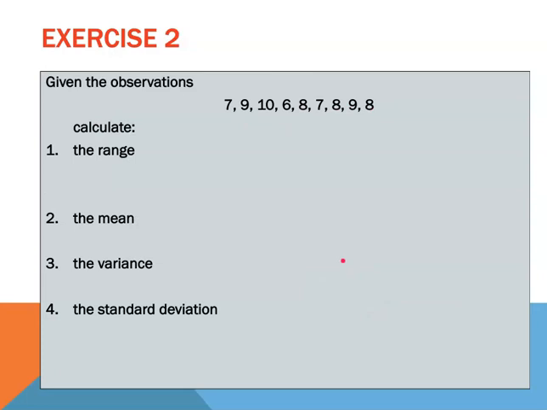Next, exercise number 2. Okay, so this is your data. Calculate the range. Remember, the definition of range is maximum minus minimum. And then find out the mean. What is the definition of mean? And then find out the variance. Usually for a small set of data, we are assuming we are taking this from a huge chunk of data. So typically, when we're talking about variance, we use the sample variance equation.